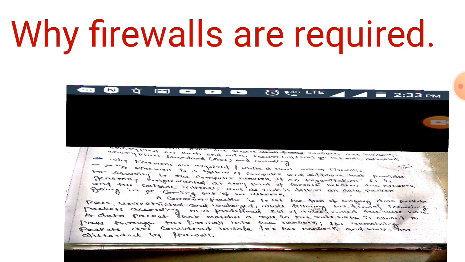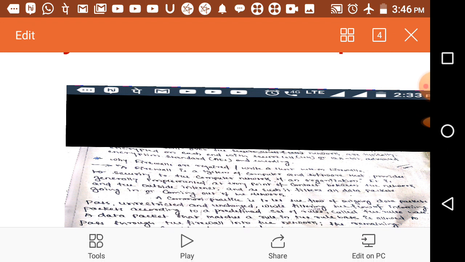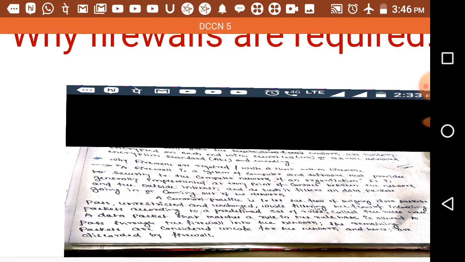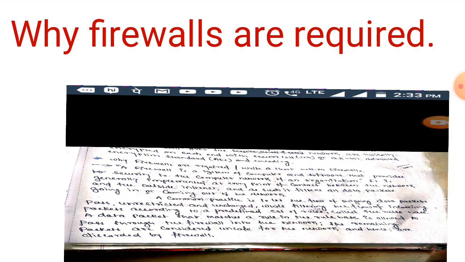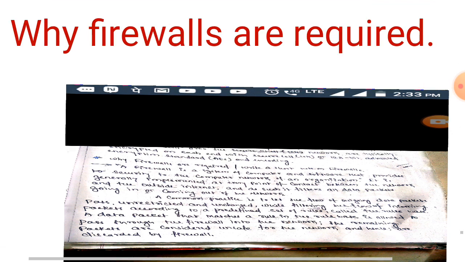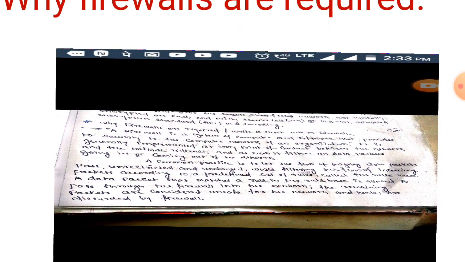It is generally implemented at every point of contact between a network and the outside internet, and as such it filters all the data packets going in or coming out of the network.